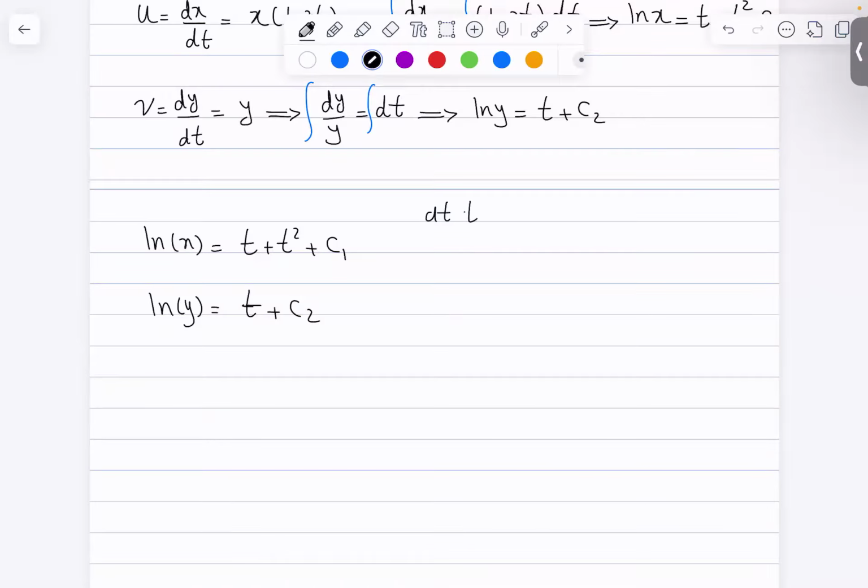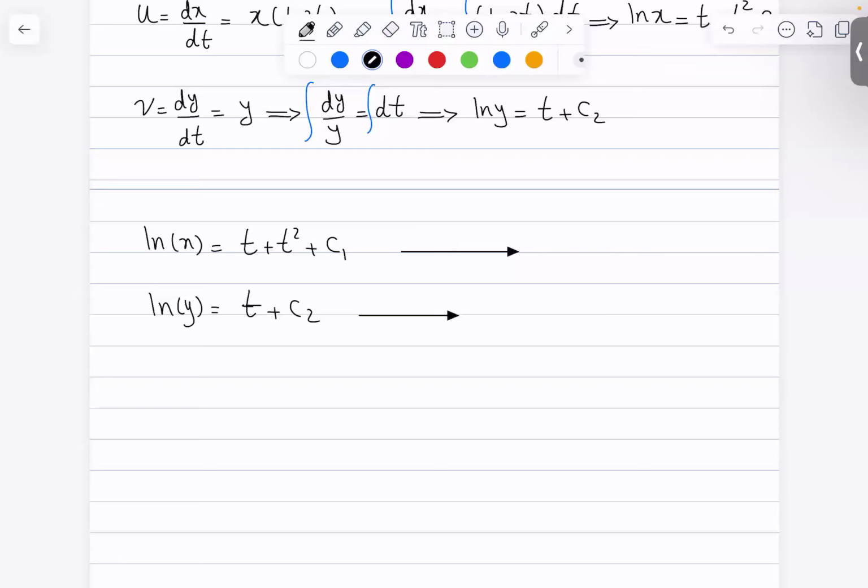Again, remember that at t equals 0, x has to be equal to 1 and y has to be equal to 1 as well, right?